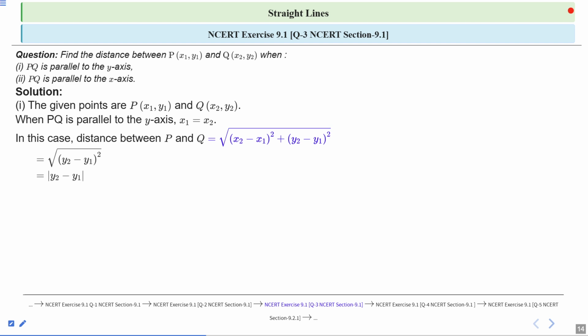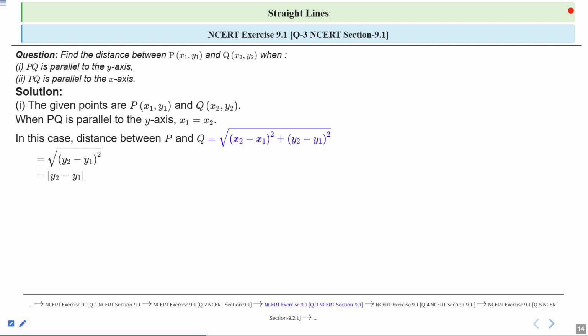So now we can write it as the modulus value of y2 minus y1. So if PQ is parallel to the y-axis, then the distance between P(x1, y1) and Q(x2, y2) is the modulus of y2 minus y1.